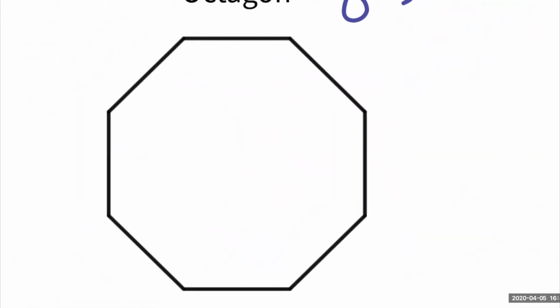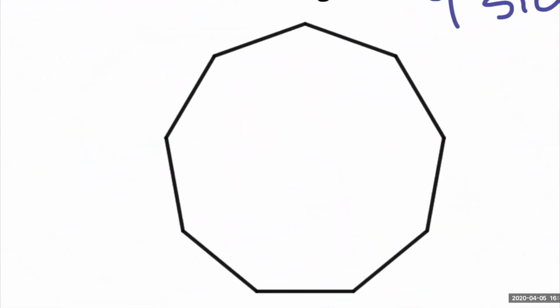For our octagon, drawing in our central angle, we do 360 divided by 8, which is going to be 45 degrees. 360 divided by 9, giving us 40 degrees.